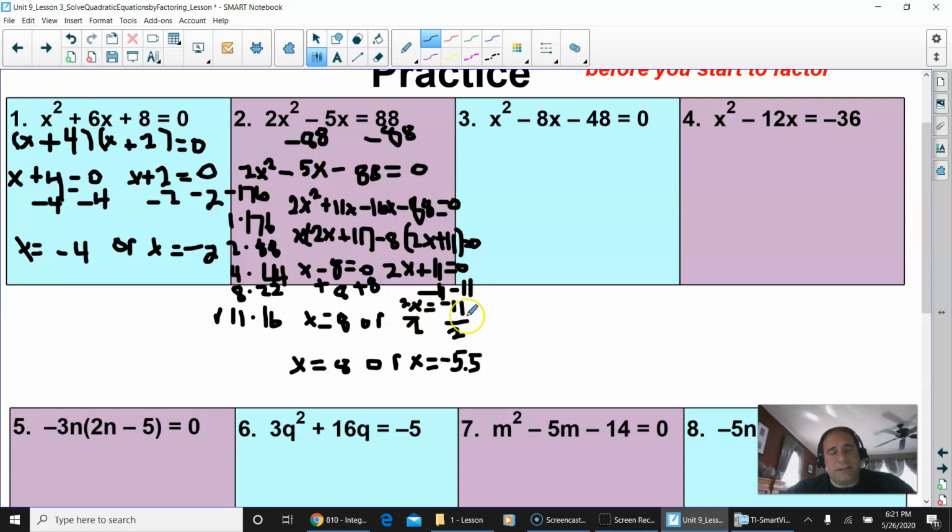You get 2x equals negative 11, and you divide by 2 and you get negative 5.5, and those are the roots. That is factoring by grouping and then figuring out the roots all by hand.